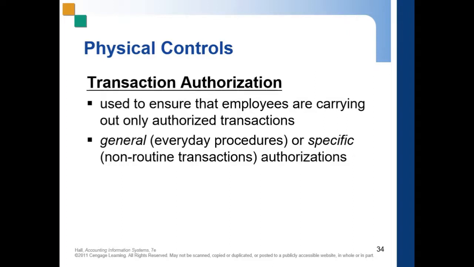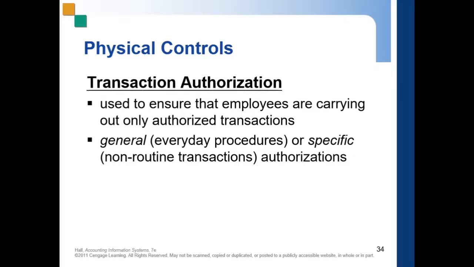So, that is part of your day-to-day operations. Then, your specific authority deals with case-to-case decisions, meaning non-routine transactions associated with special or unique transactions. Examples include a decision to extend a particular customer's credit limit beyond the normal amount.